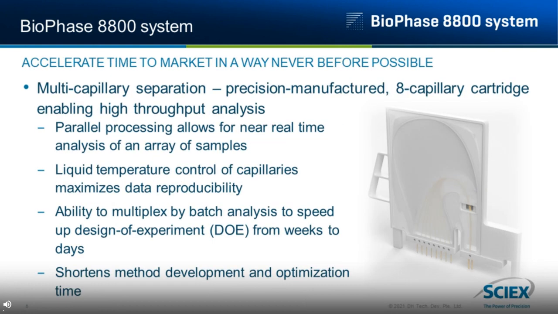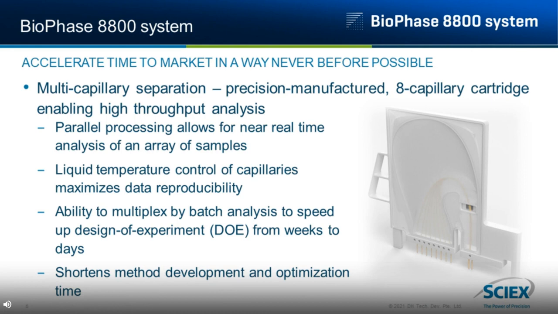So the innovative pre-built all-in-one 8 capillary cartridge eliminates a lot of the need for manual build cartridges and takes care of the interface, and gives us a ready-to-use environment where parallel processing of 8 samples can be performed. The liquid temperature control of the capillary maximizes the data reproducibility from capillary to capillary and from injection to injection.